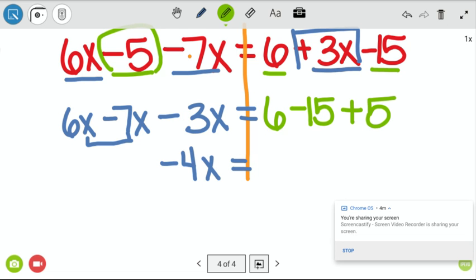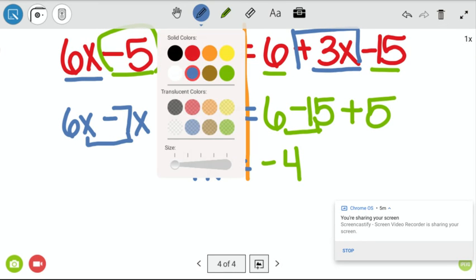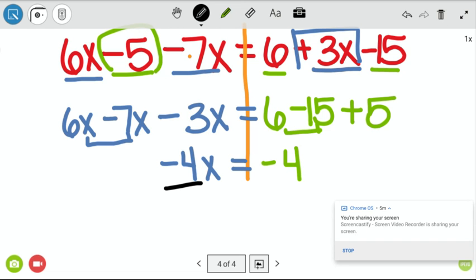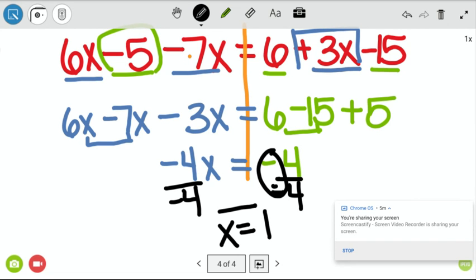I'm tired today, kids. All right, so we have 6 minus 15 is negative 9, plus 5 gives me a negative 4. Now if we divide by the coefficient, which is negative 4, we get x equals, and two negatives turn into a positive, 4 divided by 4 is 1.